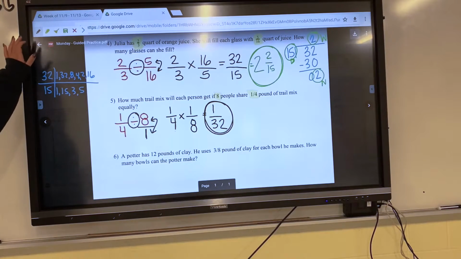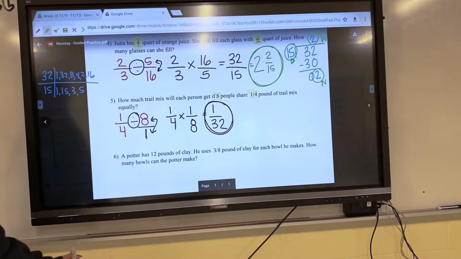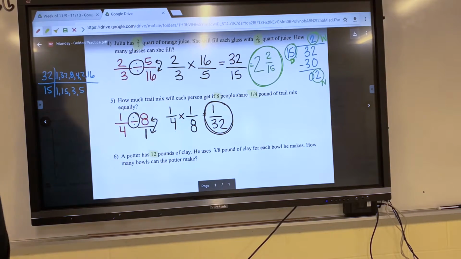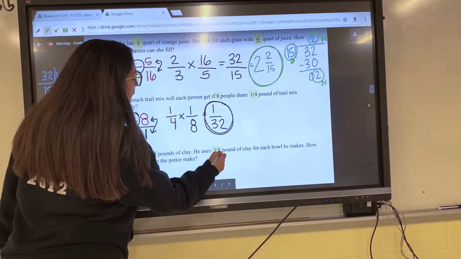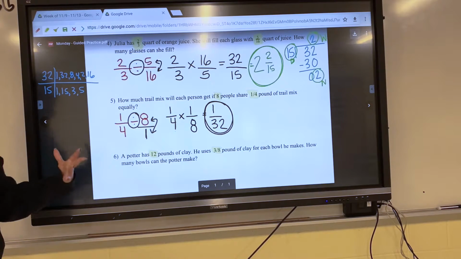All right, last one. Number 6 says a potter has 12 pounds of clay. He uses 3/8 pound of clay for each bowl he makes. How many bowls can the potter make? So in this word problem, we will be dividing our whole number.